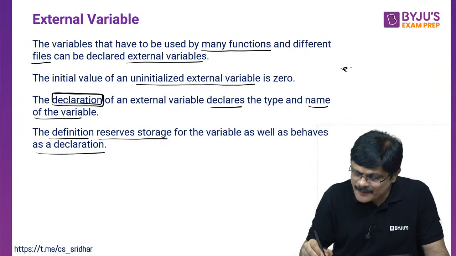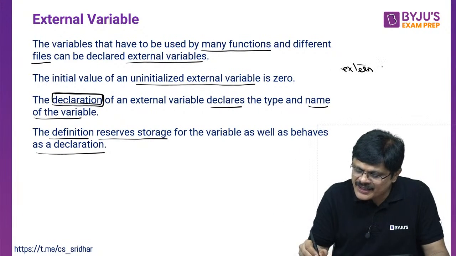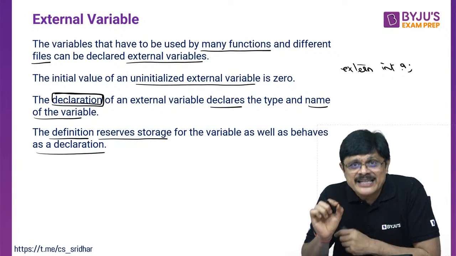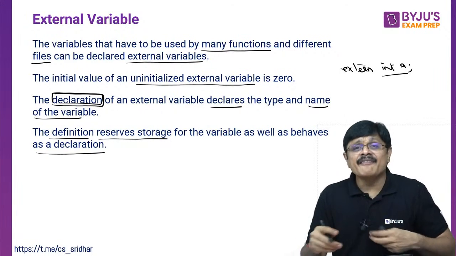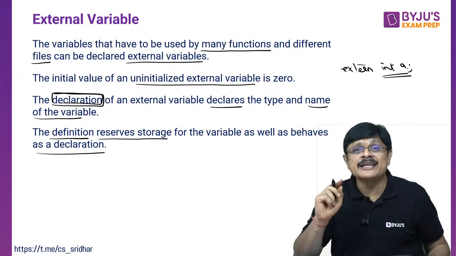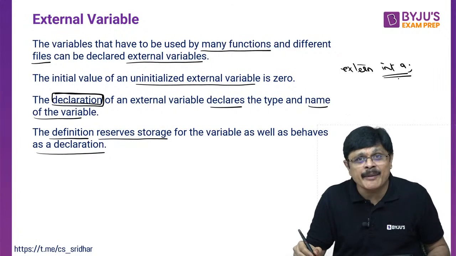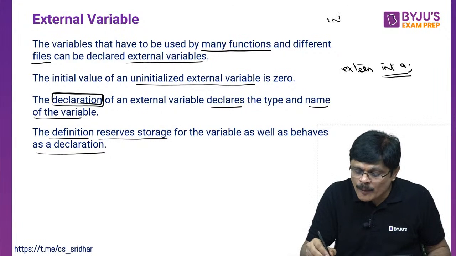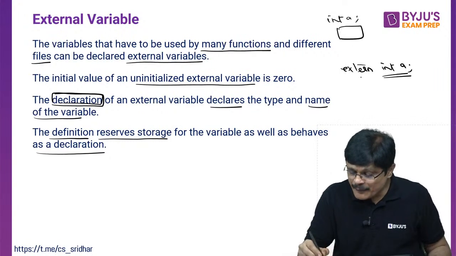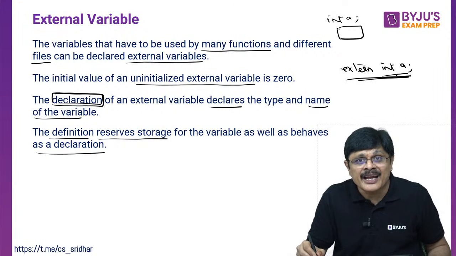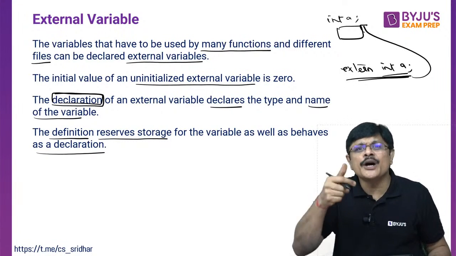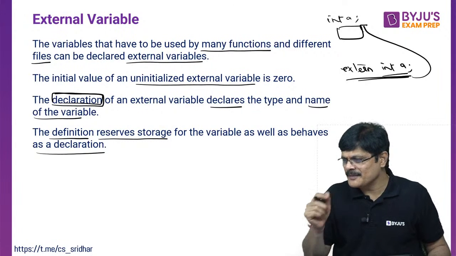For example, if you say extern int a, it tells you that such a variable is available. Here it won't create any memory. Suppose there is a global variable like int a, here the memory is created. When you say extern int a, you look for this variable which is already defined, and you are using that, my dear friends.